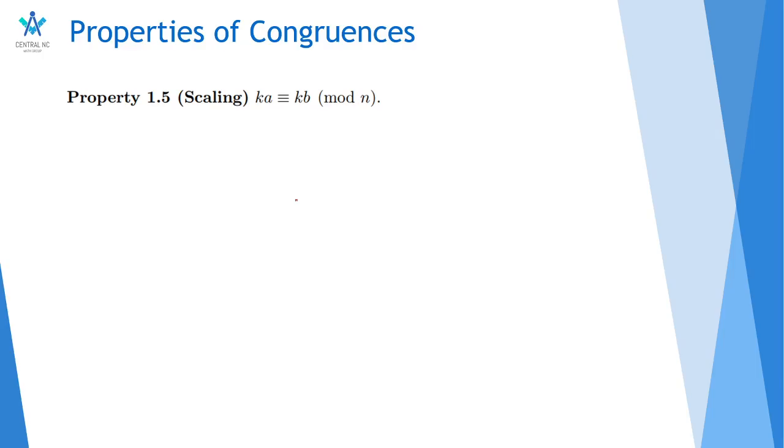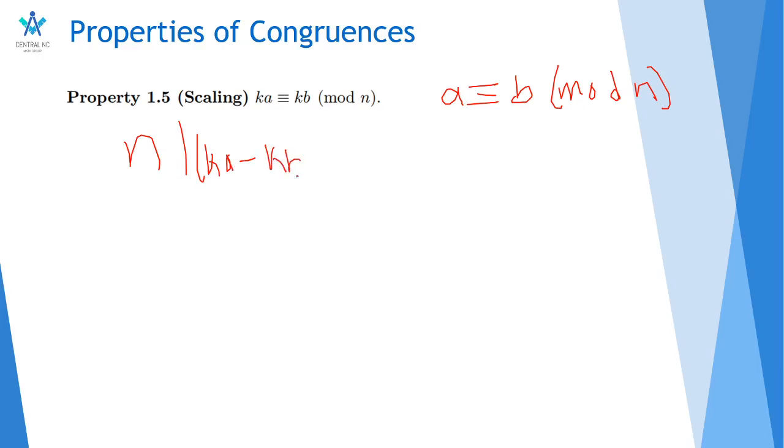Property 1.5, scaling. k times A is congruent to k times B modulo n. So let's just say that A is congruent to B mod n. We're trying to show that kA is congruent to kB if A is congruent to B. So all I have to show is that n divides into the difference, which is kA minus kB.